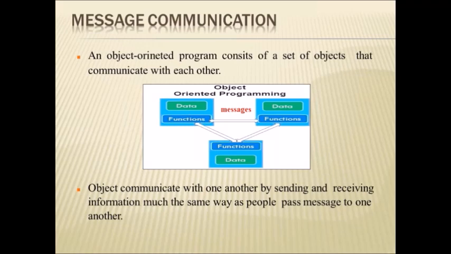So see the figure. Object-oriented programming consists of a set of objects. The communication is possible by means of messages. So this concept is known as the message passing scheme.